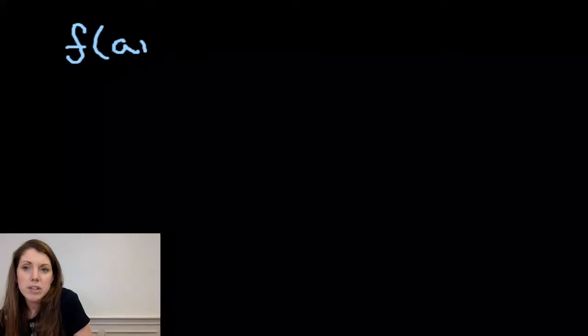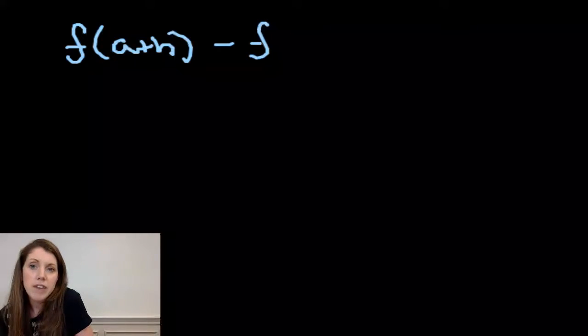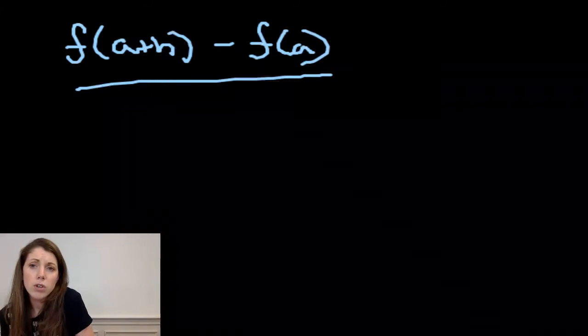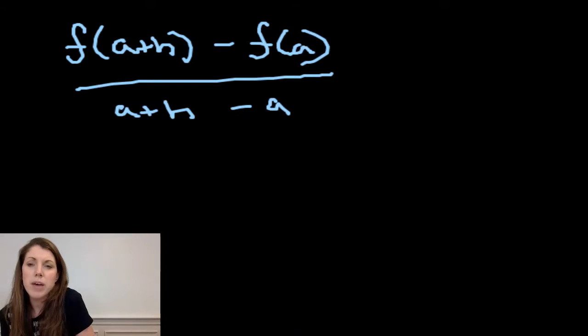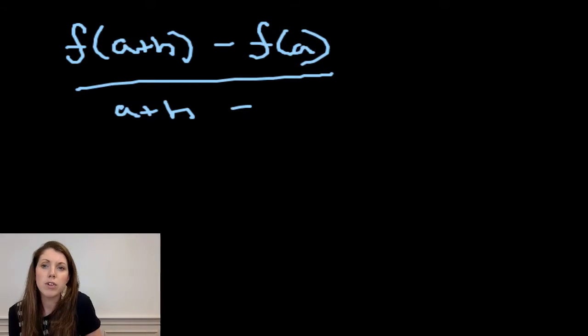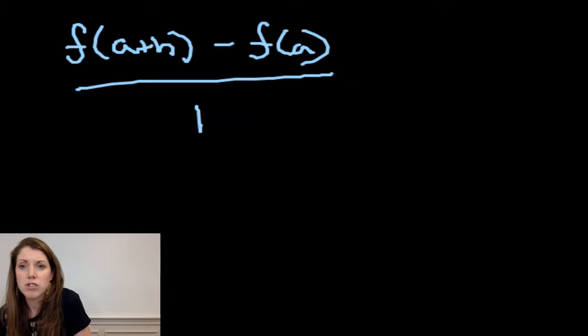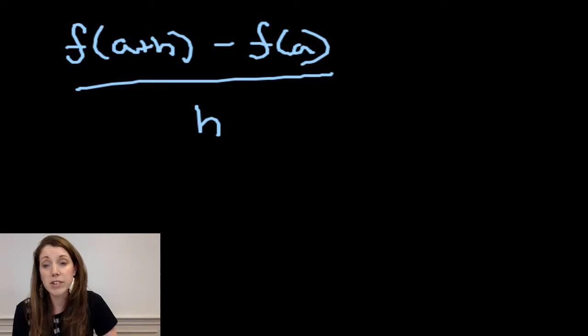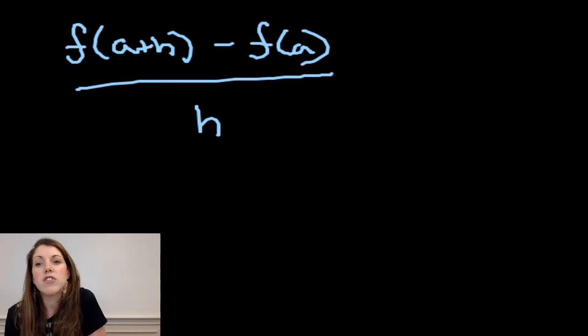We're saying this is f of a plus h minus f of a all over a plus h minus a, which, by the way, those a's are going to cancel and I'm really just going to have h. So for good measure, since I've already written this a couple times, why don't we just call this h, just to make it simpler? Why be redundant?